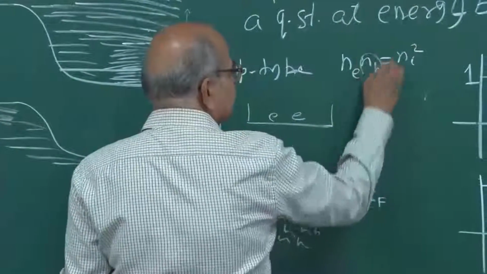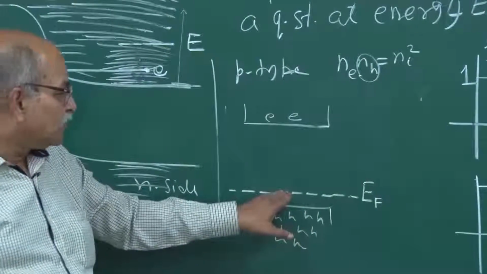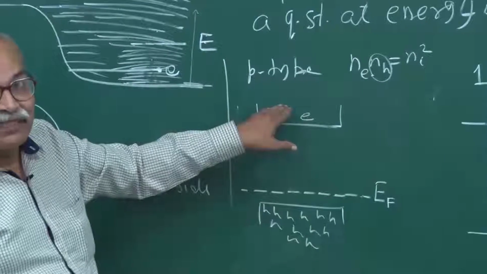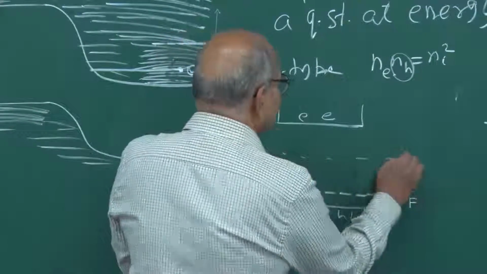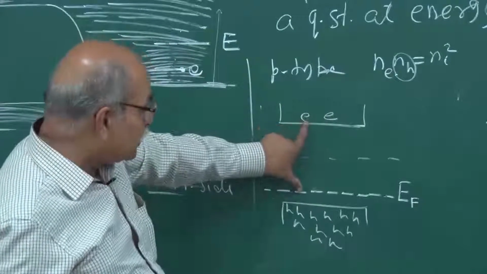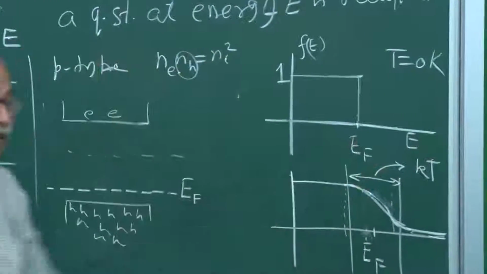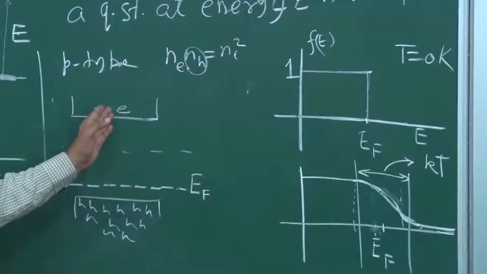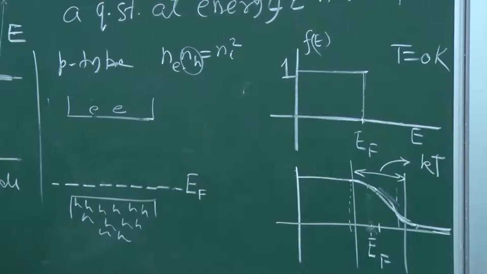So if this increases, this decreases. In this picture, we have gone even farther from the Fermi energy. Initially the Fermi energy was in the middle, so we were this much away. Now you are this much away, so the probability has again decreased, and you have a much smaller number of electrons here. So here the Fermi energy is like this.